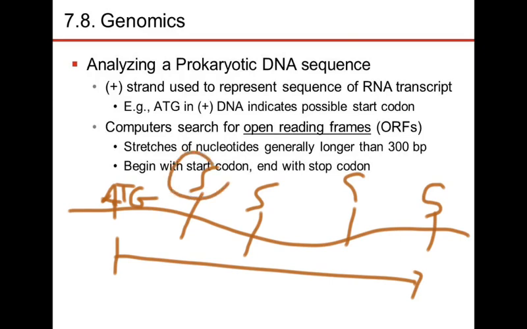It's blocked by those stop codons. But if those stop codons weren't there, then that whole stretch would be open to be read for translation, and then you can potentially make a protein that's the length between that start codon and the stop codon.